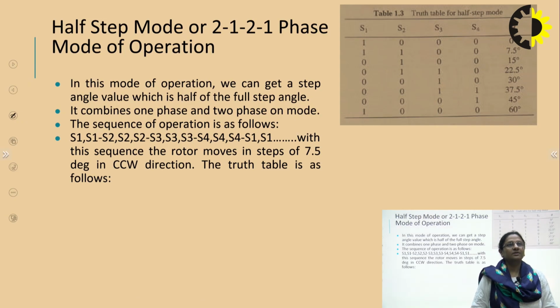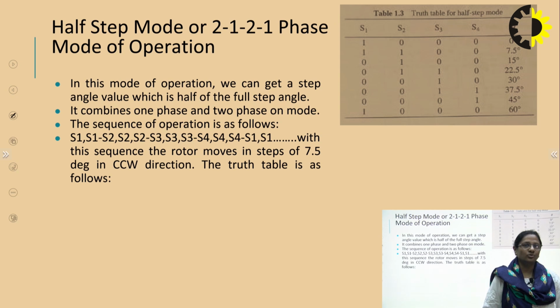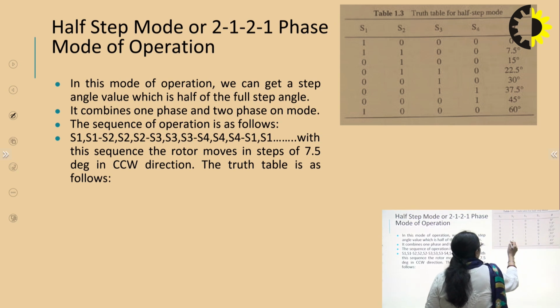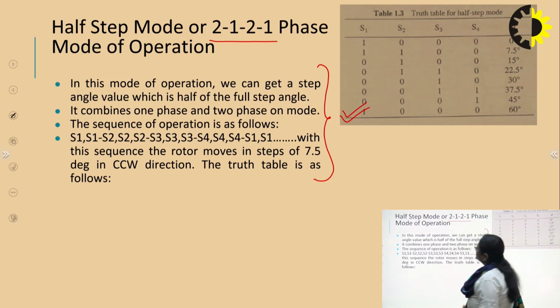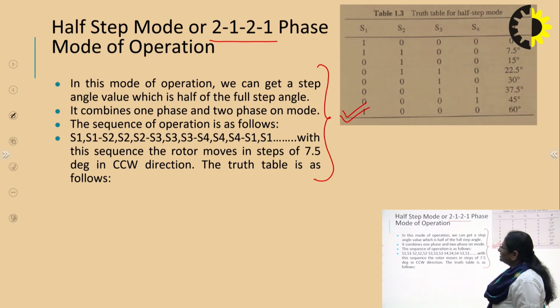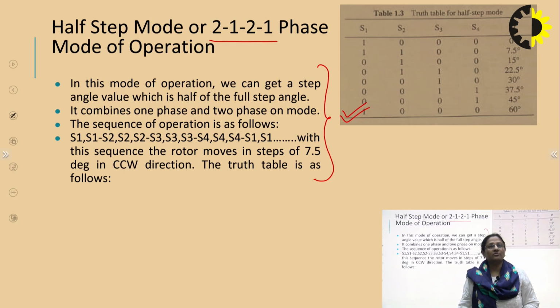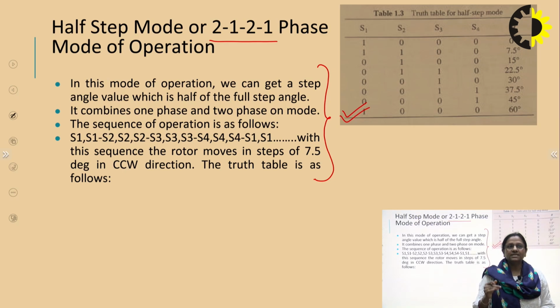Now moving further to half step mode or 2-1-2-1 phase mode of operation. The truth table is given over here. We will come to the truth table after we discuss what actually is the meaning of 2-1-2-1 phase mode of operation. So actually in this mode of operation, we can get a step angle value which is half of the full step angle.